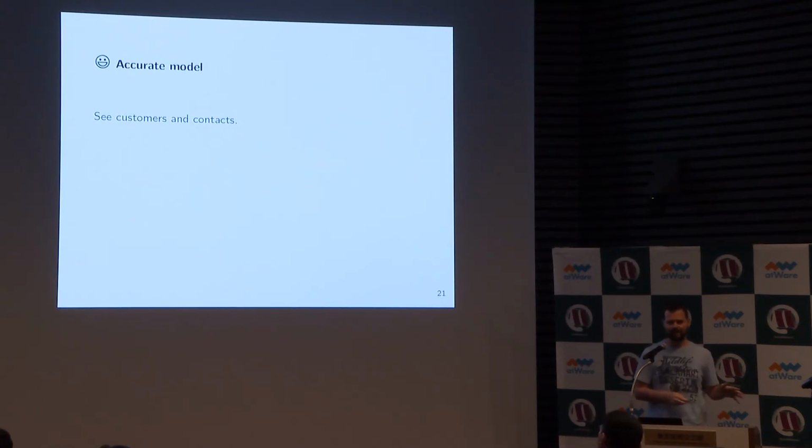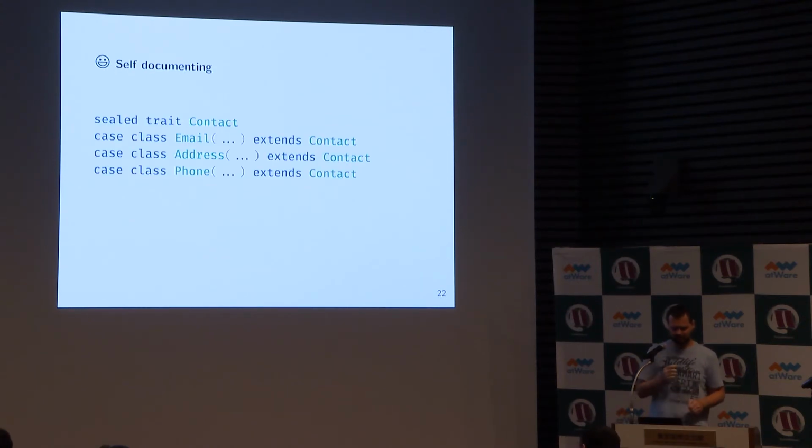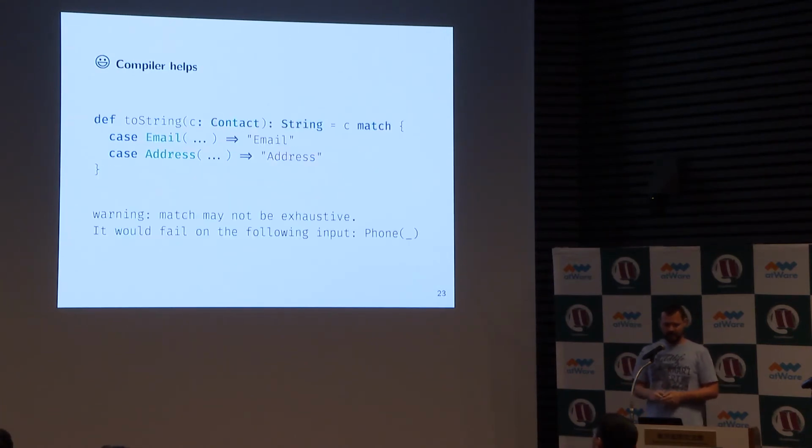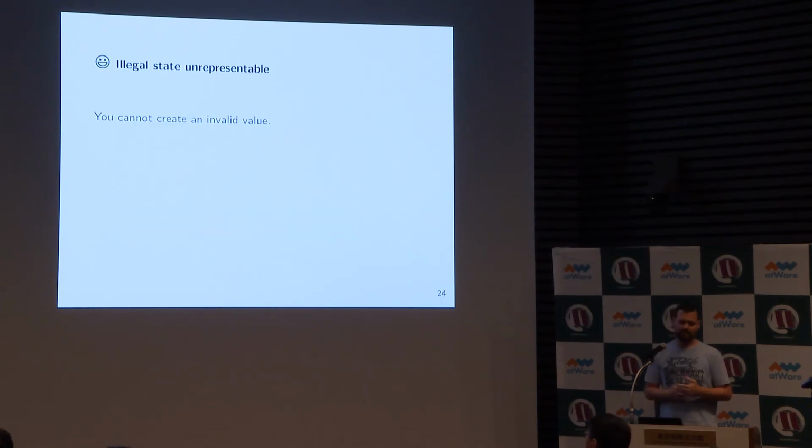Sometimes it's very impractical, but it's always possible. It's kind of self-documenting. When you see this in the code, you don't really need to write much documentation about what a contact can be. You see it immediately. The compiler gives you hints when you forget something. We've already seen that. You cannot create a value with illegal or incomplete content. It's also a brilliant thing.